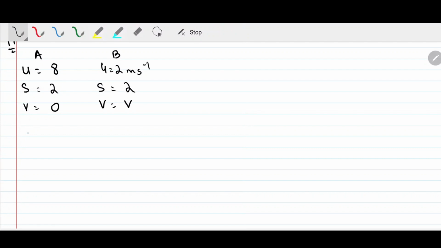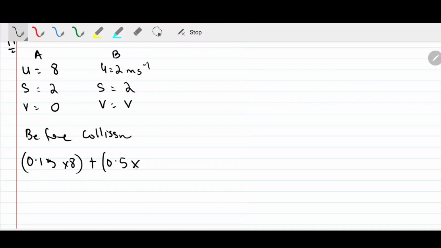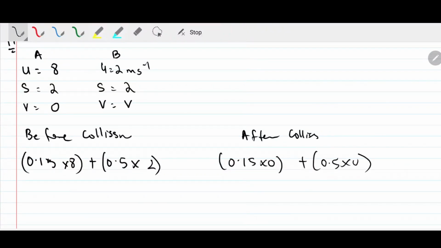So before collision, A is 0.15 kg into 8 plus B is 0.5 kg into 2. After collision, A comes to rest, but B keeps on moving.